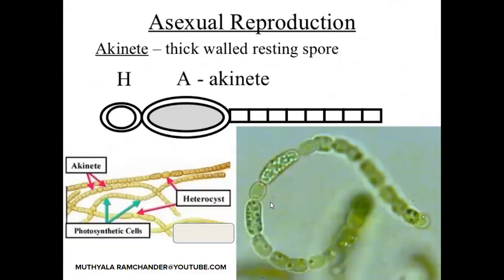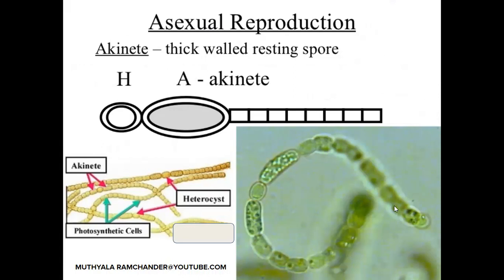Some cyanobacterial filaments like Nostoc, Anabaena and Oscillatoria are involved in asexual reproduction by akinetes. Akinetes are large cells.